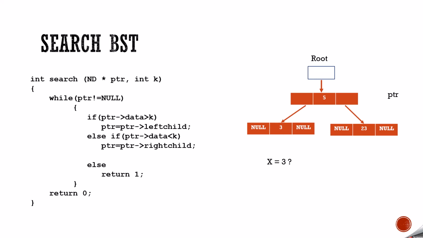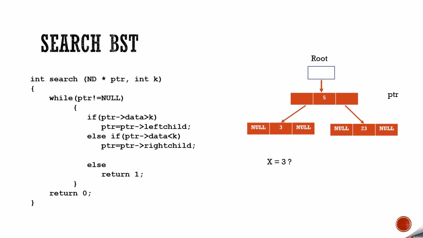Let us see with an example how I am going to search whether a particular node is present or not, with the value x equal to 3. So the x value is transferred to the value k. Now I'll check inside the function whether value 3 is present or not. If my search is successful, naturally I'll stop at a node with a data part equal to that value.